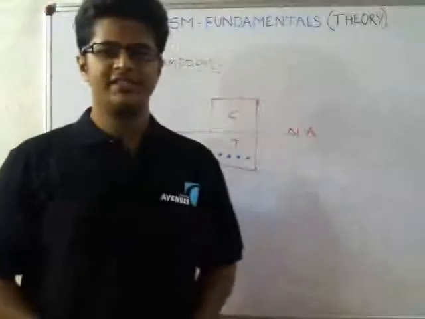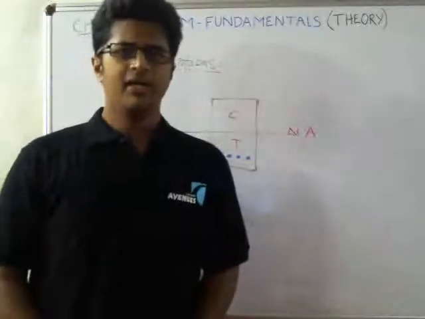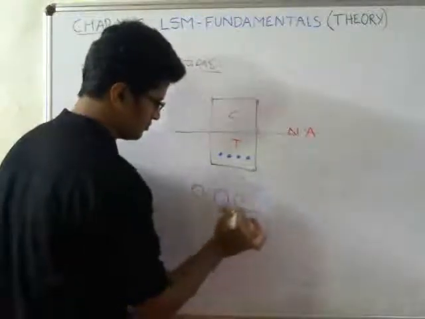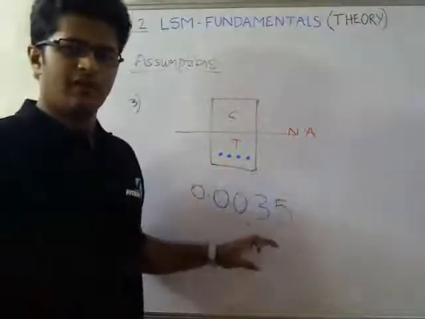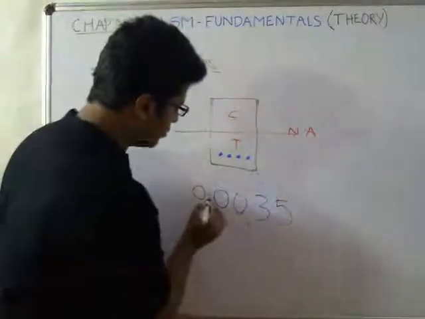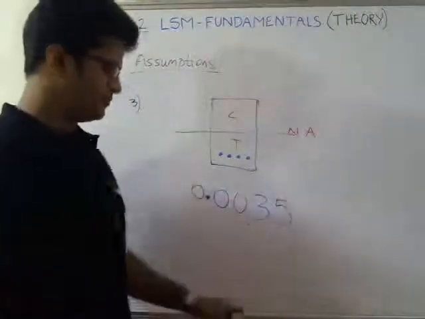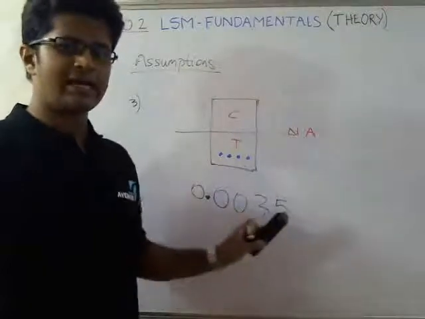And the third assumption is that the maximum strain in concrete is 0.0035. One has to remember this value. This is the maximum strain which the concrete can take.